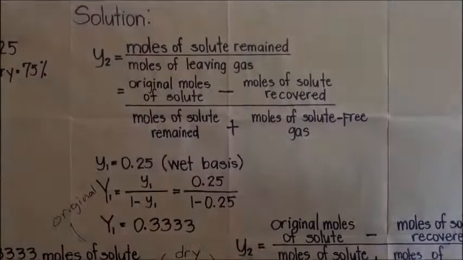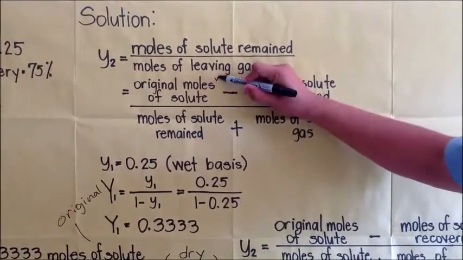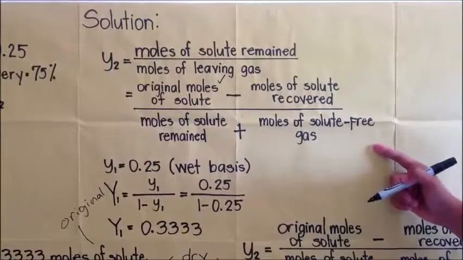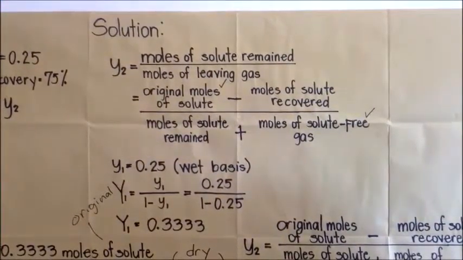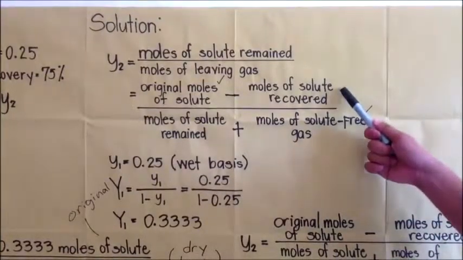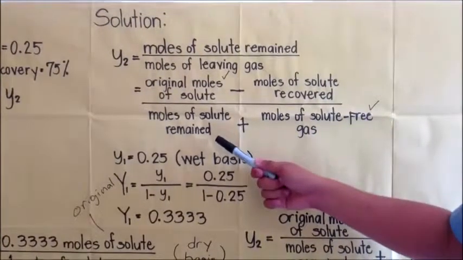We have our value for the original moles of solute and the moles of solute-free gas. The remaining values that we must get are the moles of solute recovered and the moles of solute remaining.